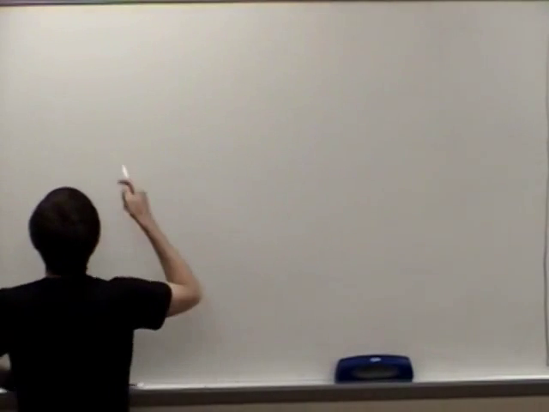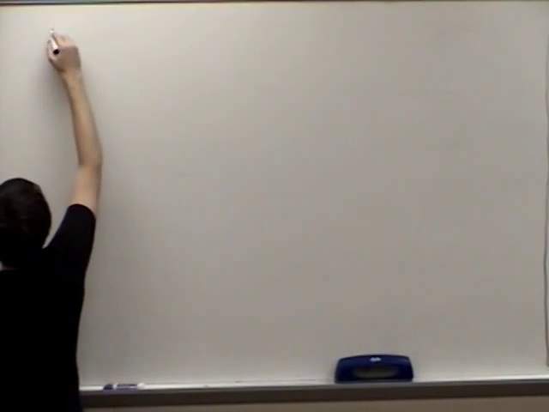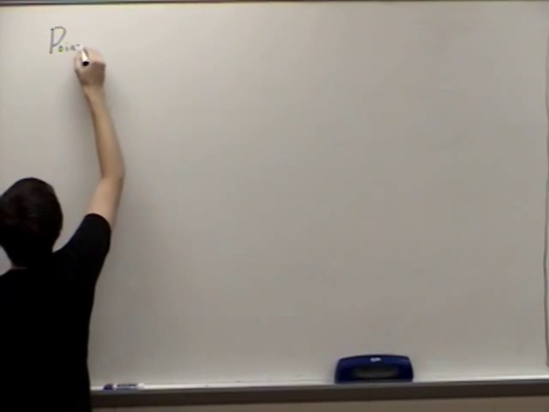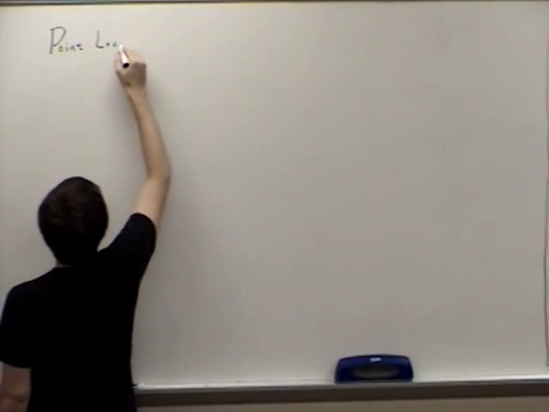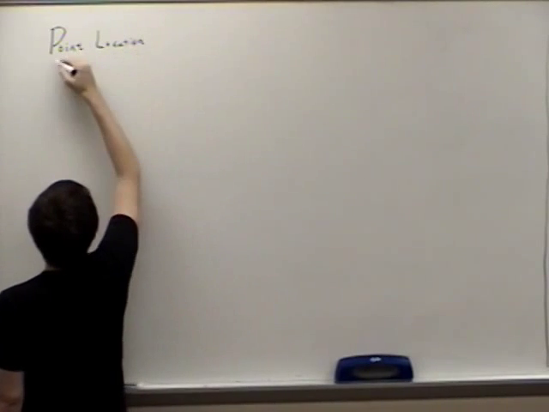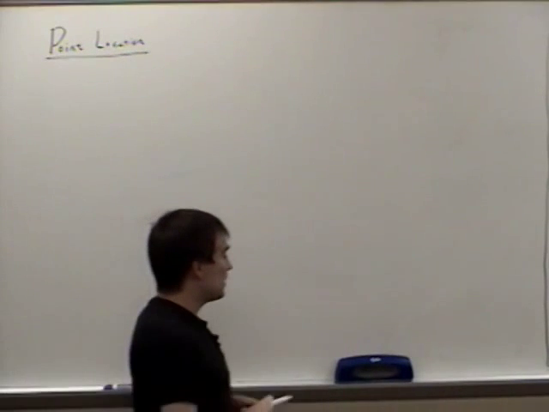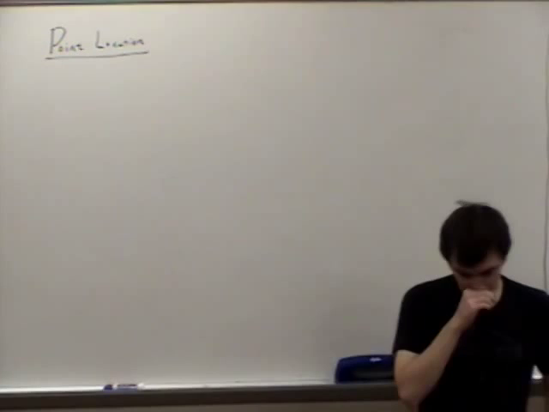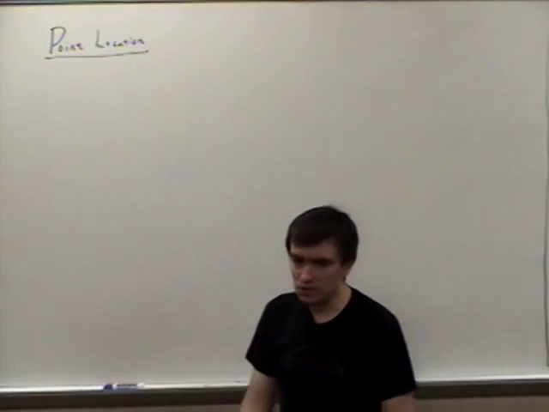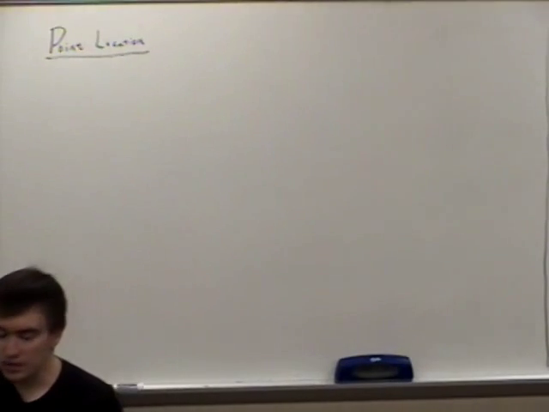So the goal for today is point location. And this is a very important problem. It's been studied in a variety of different contexts. It's extremely hard to do outside of planar maps. So once you get beyond 2D, it's really, really tough. I actually don't know of any great way to do it in 3D, really.